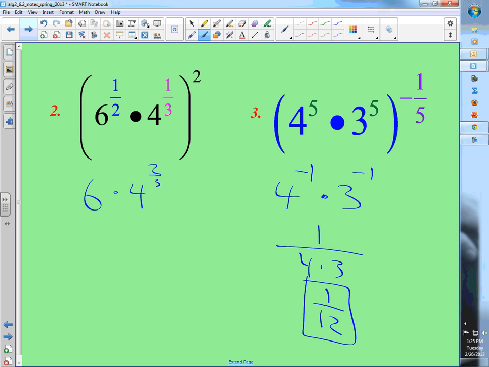So that one's going to simplify all the way. Any questions on these two? We're using the product raised to a power, so it's the power of a product property. We multiply these two exponents in both cases. Does that work for everybody?